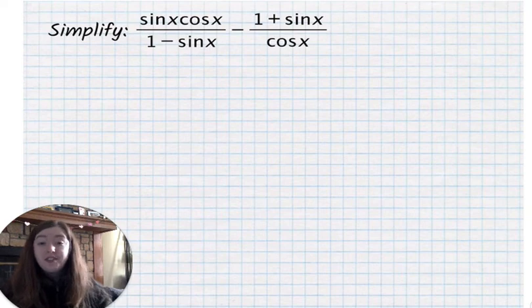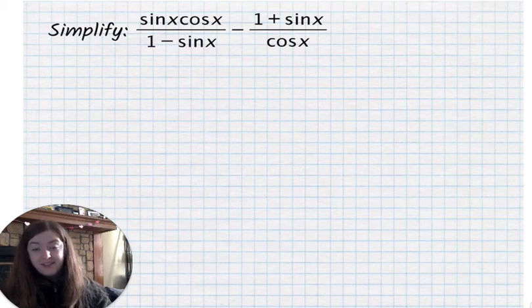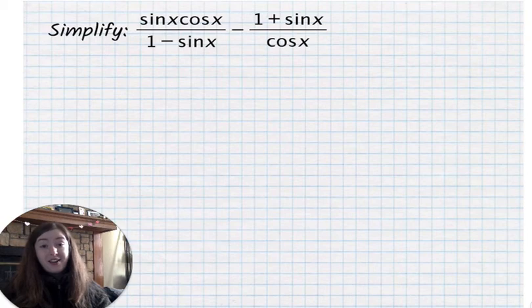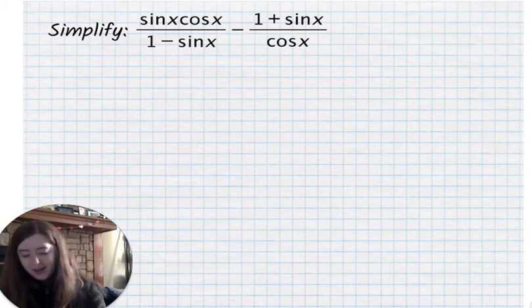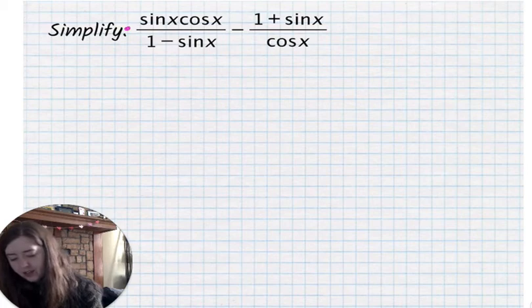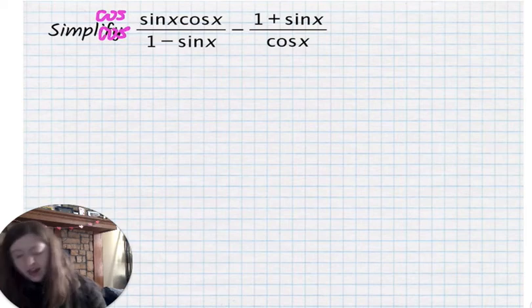So first of all, we have sine cosine over 1 minus sine minus 1 plus sine over cosine. Those aren't sine squareds, so we can't use Pythagorean identities. We're going to want to get common denominators. So I'm going to multiply my first fraction by cosine over cosine and multiply my second fraction by 1 minus sine.